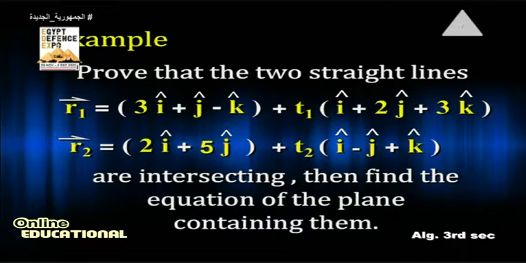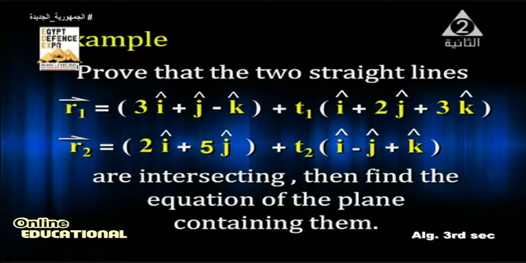My dear students, the position of two straight lines may be parallel, may be intersecting, may be skew. We have three positions of two straight lines. Number one, two straight lines are parallel when d1 equals d2 or d1 equals k d2. Number two, when two straight lines are perpendicular, then d1 dot d2 equals 0.